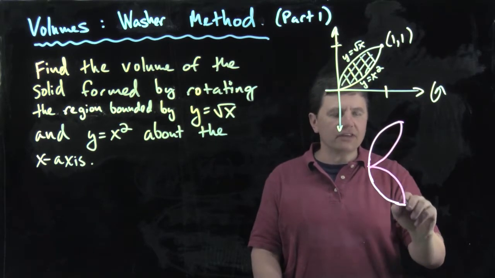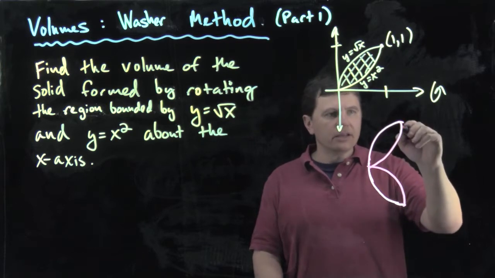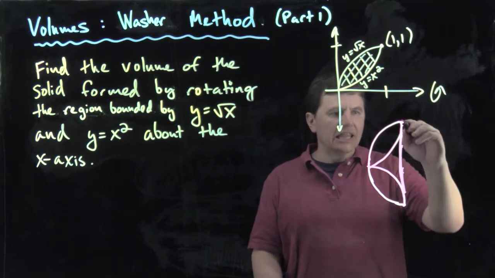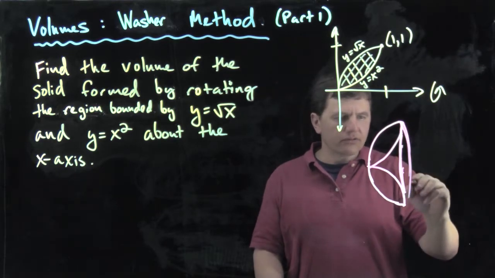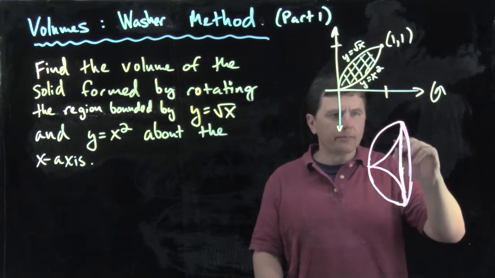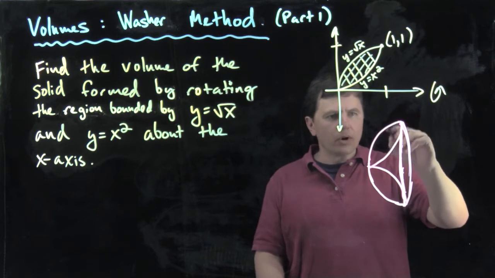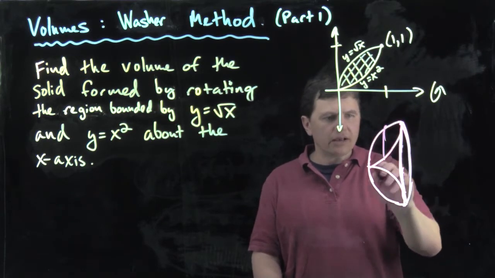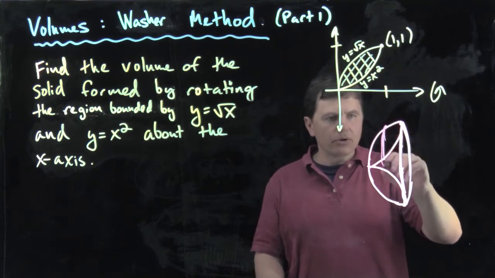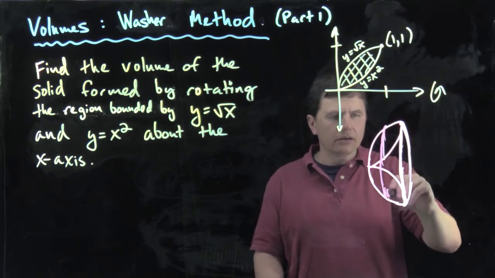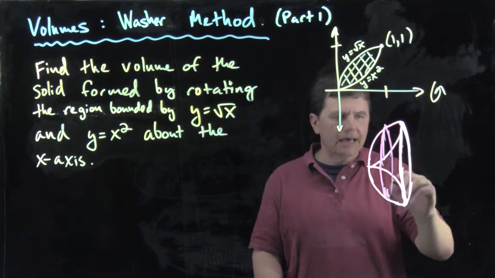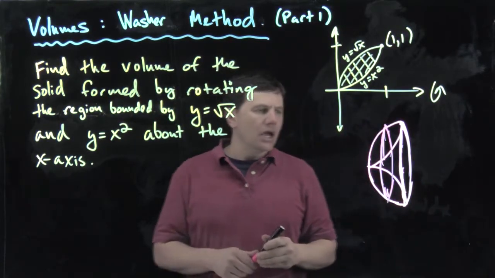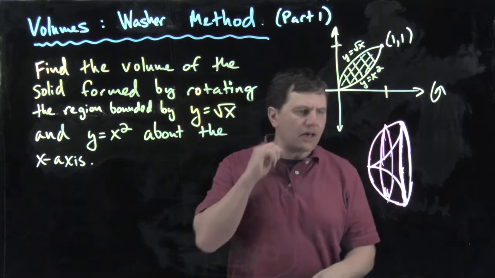So you can't see through it, but it's going to be kind of like maybe a fancy lampshade or something like that. So the interior has this sort of hollowed out shape, and on the outside it looks pretty solid. It looks like, like I said, a hemisphere. Okay. So now we want to find the volume of this thing.